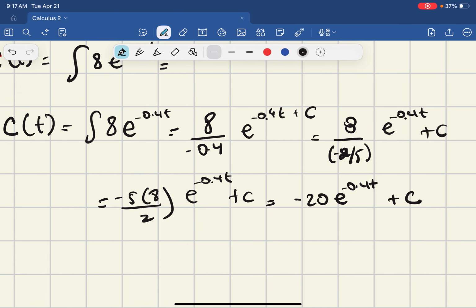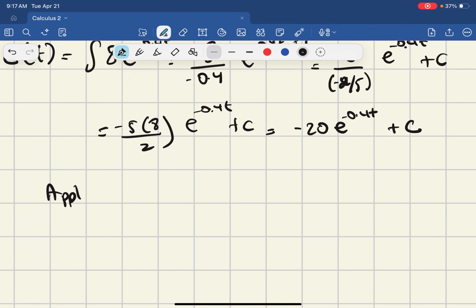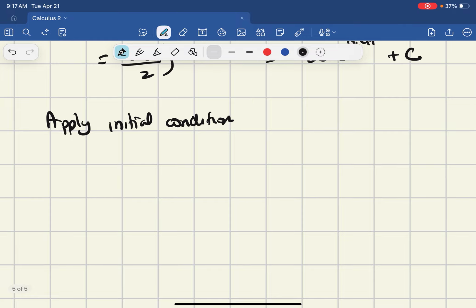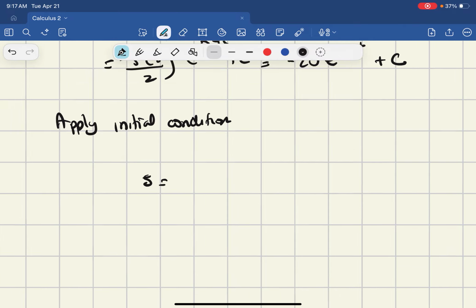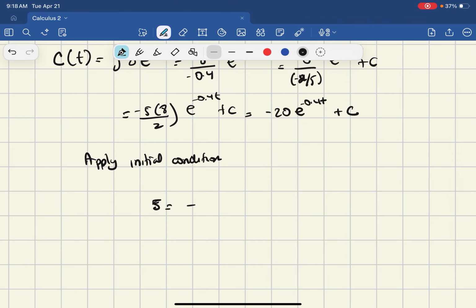Now, there's one more thing that we have to do. We have to apply the initial condition. So we'll say that 5 is equal to negative 20e to the negative 0.4 times 0, plus c.